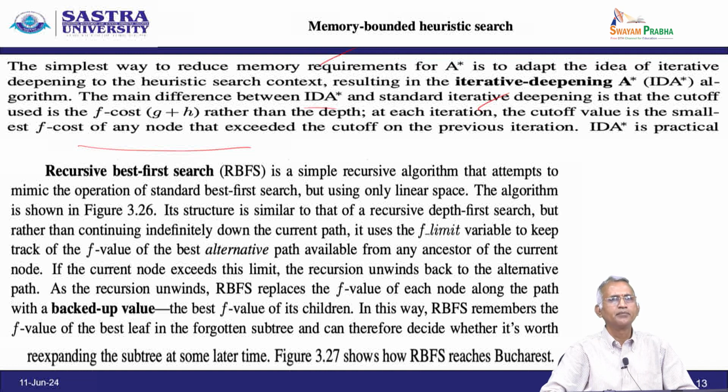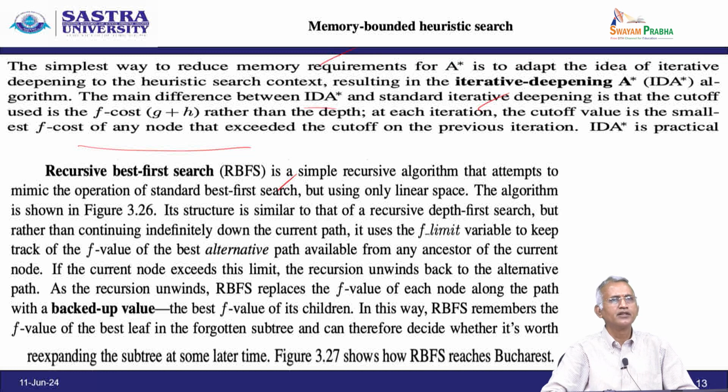So, IDA star, iterative deepening A star, is practical. Recursive best first search is a simple recursive algorithm that attempts to mimic the operation of a standard best first search, but using only linear space.